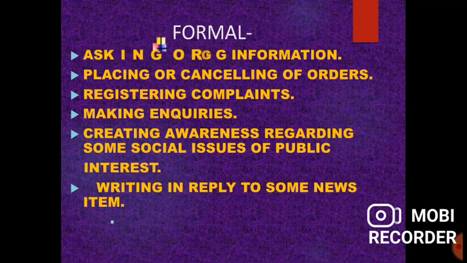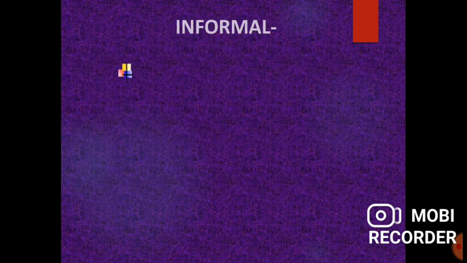As in class 10th the formal letter is prescribed, in the formal letter category there are basically four letters that we have to study. What are those four types of formal letters?